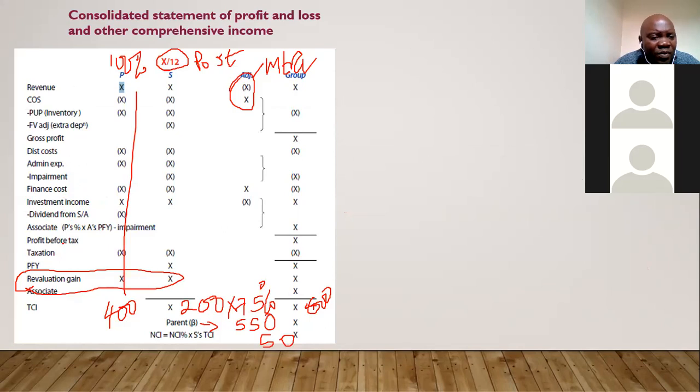Which will come here. Okay, this is the impairment, which will have, yes, on the revaluation. You can have your profit somewhere even here.